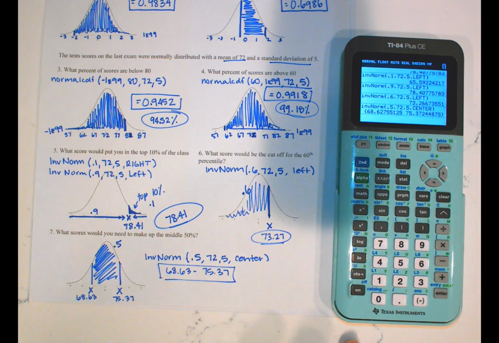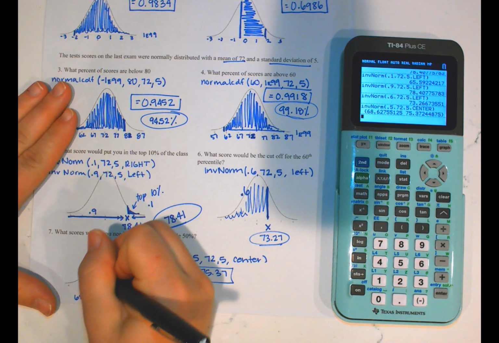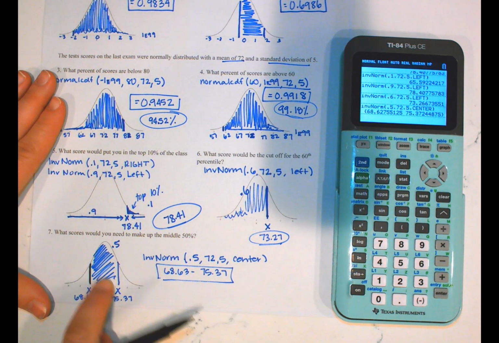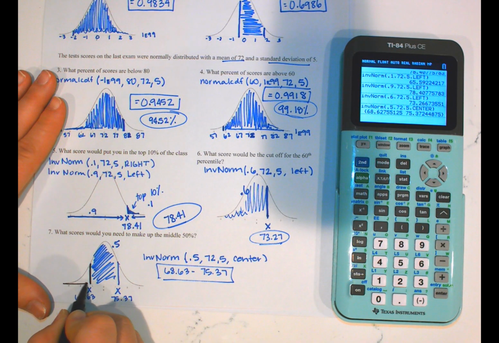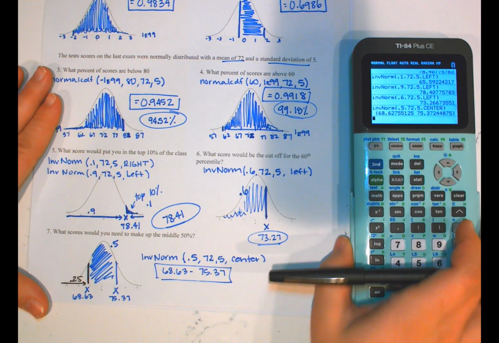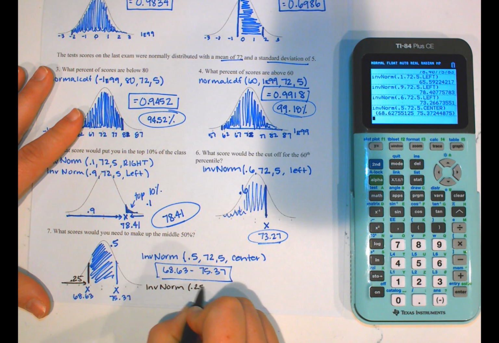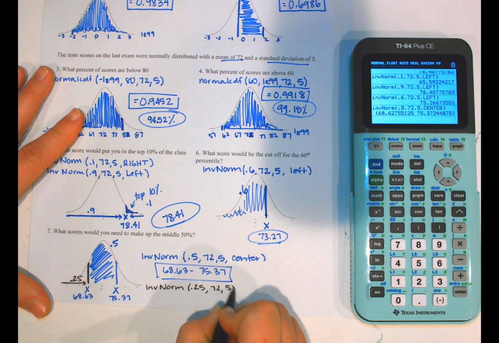Now, if your calculator doesn't let you pick center, remember it's always assuming that it's coming from the left. You can still do this. You just have to do it in 2 steps. So first, if I want to get to this value here, if this is the middle 50%, then to get to here would be 0.25, correct? So then that means I'm going to do inverse norm from 0.25, mean of 72, standard deviation of 5.